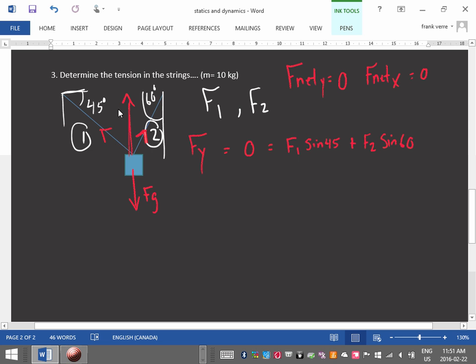These two pulling up have to be equal to what? The weight, which we know is mg, which is 10 times 9.8. So these two have to be equal to the weight, and the whole thing has to add up to what? To 0.